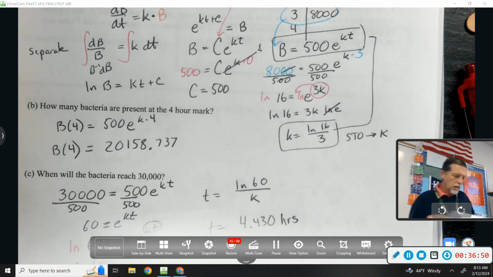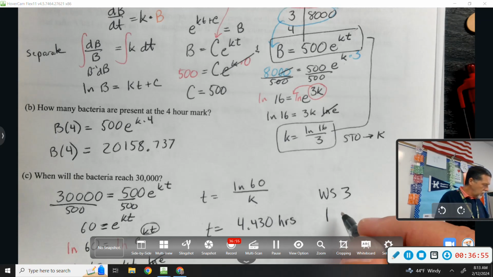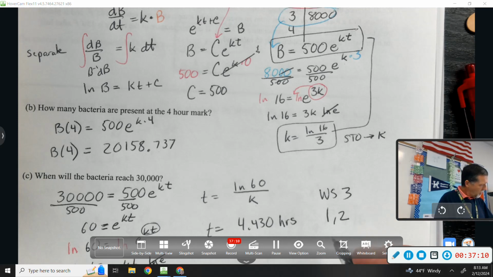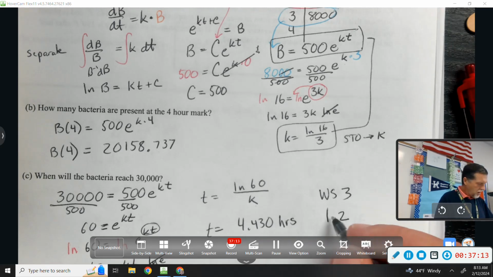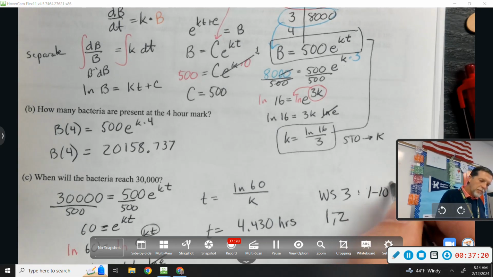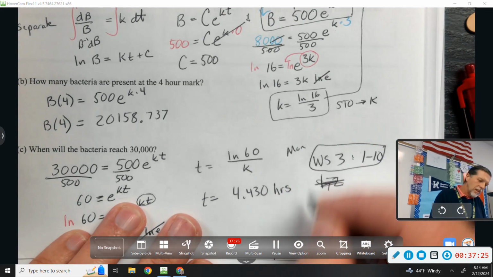So let's say we're going to do worksheet 3. 1, 2. We could skip 3 for now. 4, 5, 6. Let's just say 1 through 10. It kind of doesn't matter because tomorrow all we're going to do is assign the rest of them.